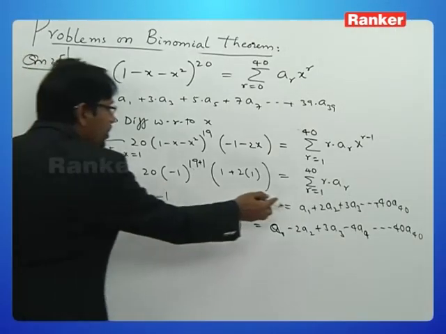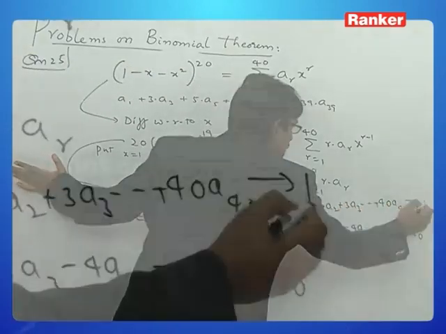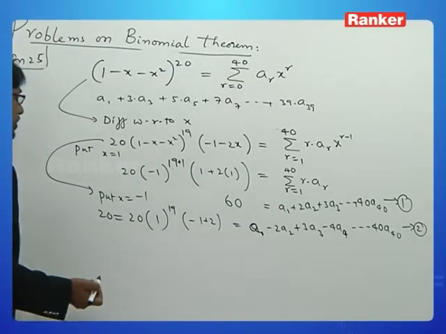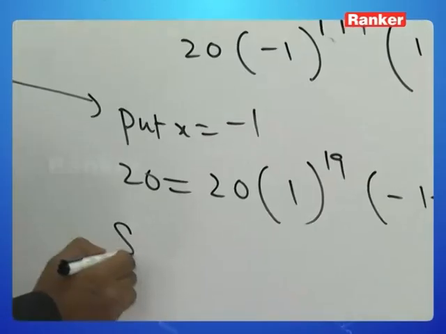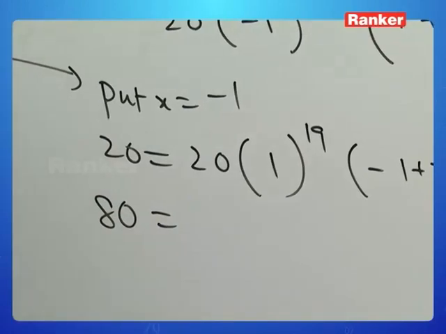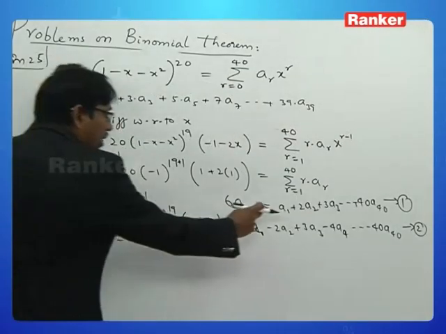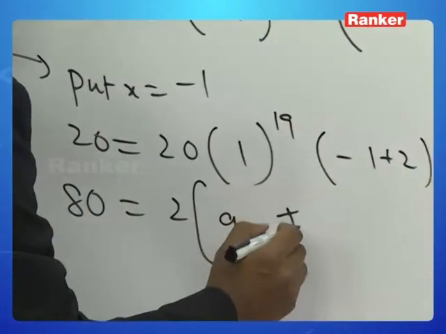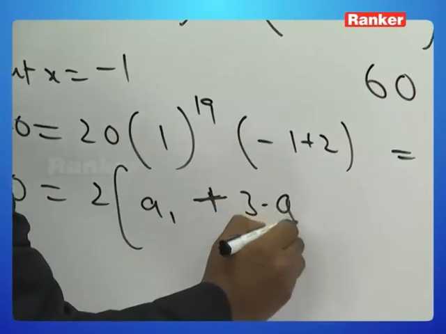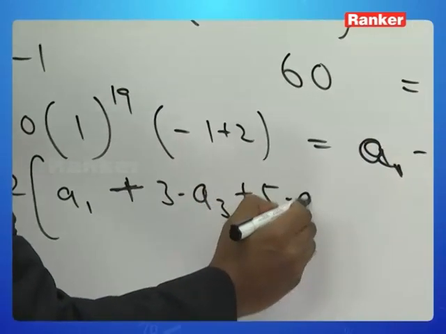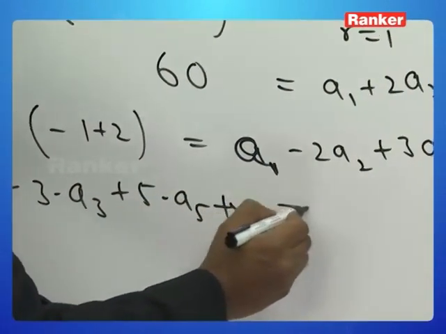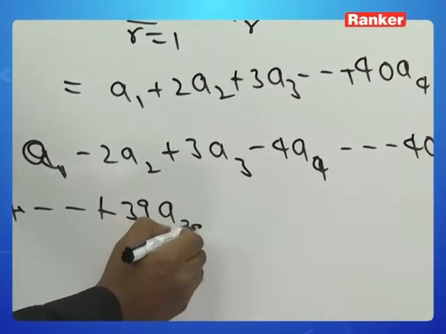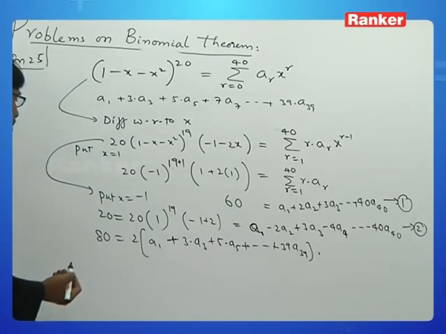Now let us add these two, equation 1 and equation 2. What do we get here? 60 plus 20, 80 is equal to 2 into a1 plus 3 into a3 plus 5 into a5 plus so on, 39 into a39. The even suffix terms will get cancelled.